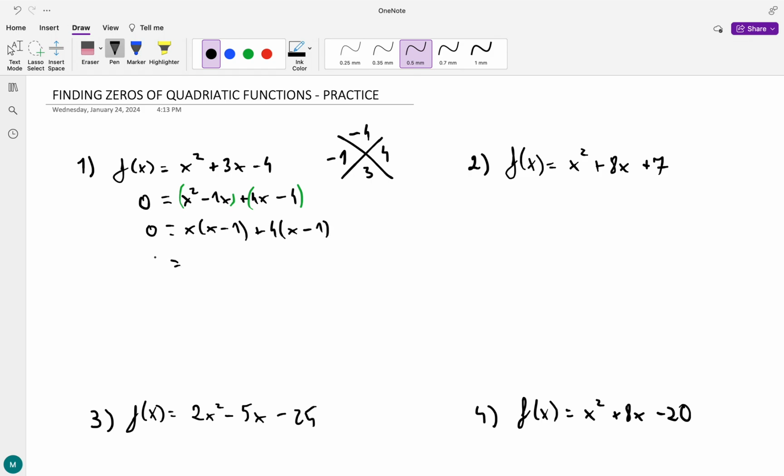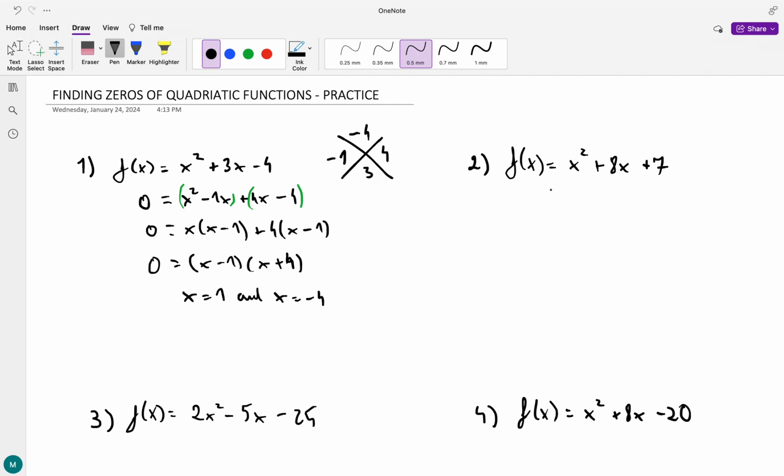So it seems that we have a product of x minus 1 times x plus 4. So x has to be either 1, and the other one would be x equal to -4, because in order for this to be true, either of these has to be 0.